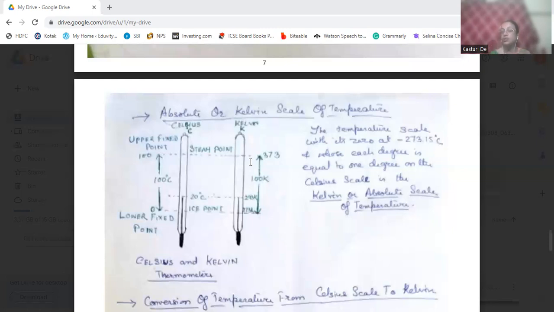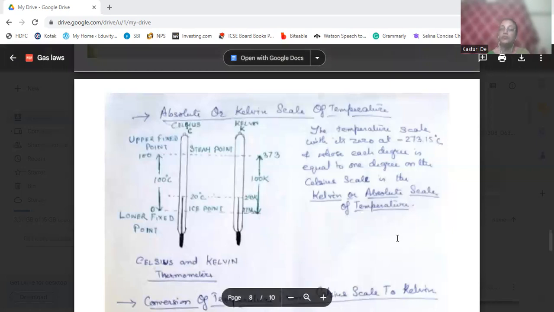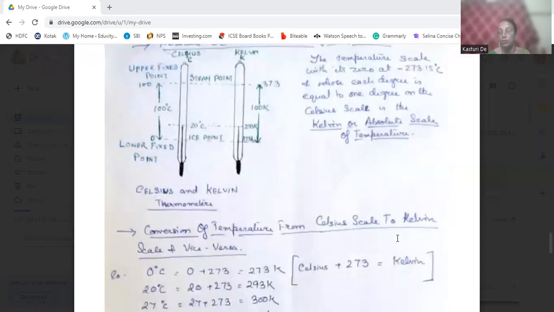That new scale is known as Kelvin scale or absolute scale of temperature, whose 0 mark is equal to minus 273.15 degrees centigrade. 0 of the Kelvin scale is equal to minus 273.15 degrees centigrade, and 1 degree of that Kelvin scale is equal to 1 degree of the Celsius scale. Clear? That type of thermometer or scale is known as Kelvin or absolute scale.